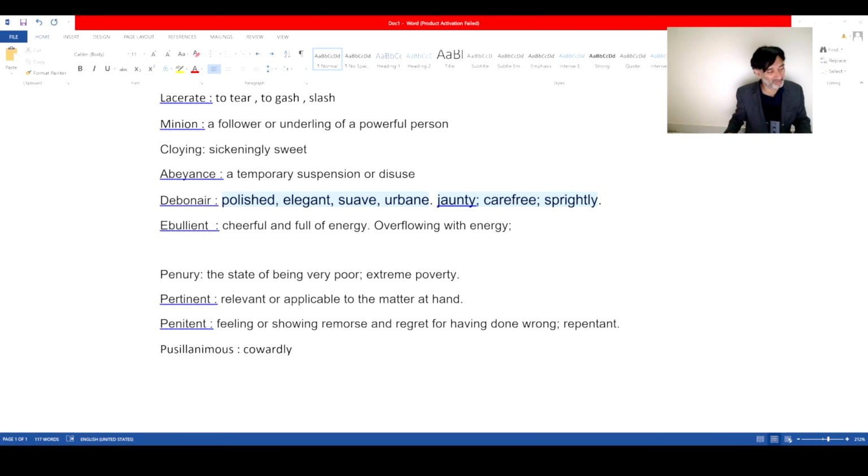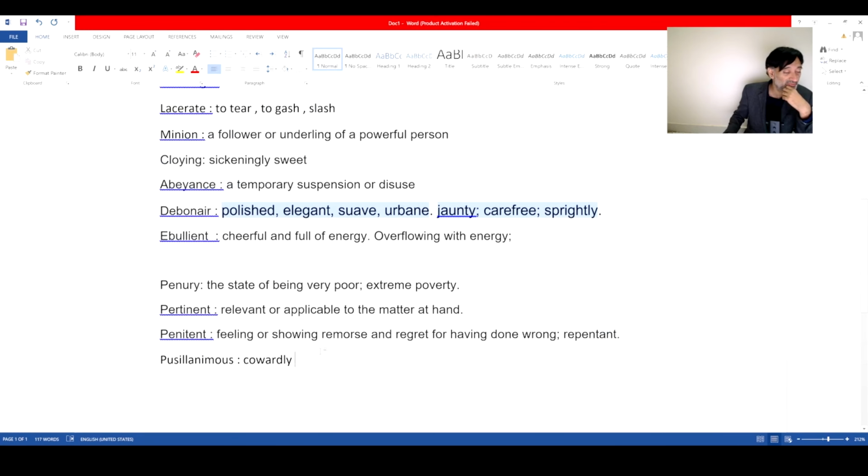So it's a simple word, but remember it. So I could say the soldiers were pusillanimous. So they were cowardly, lacking determination, not brave. So remember the word pusillanimous.